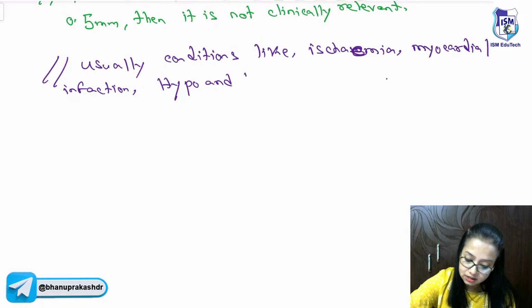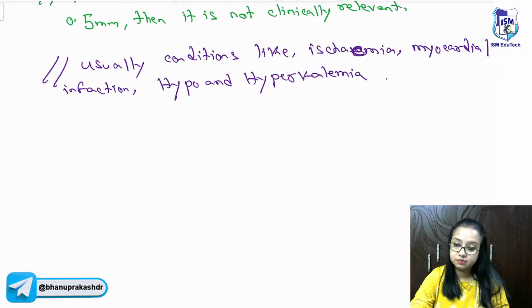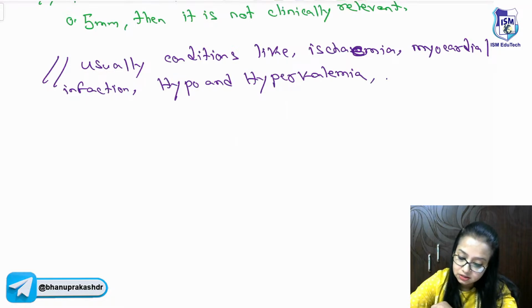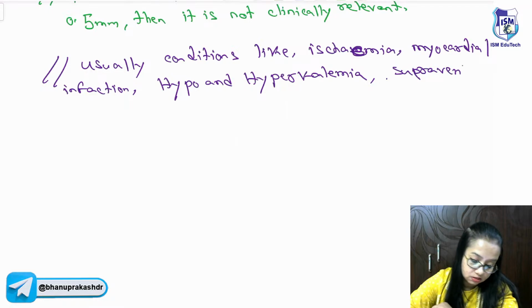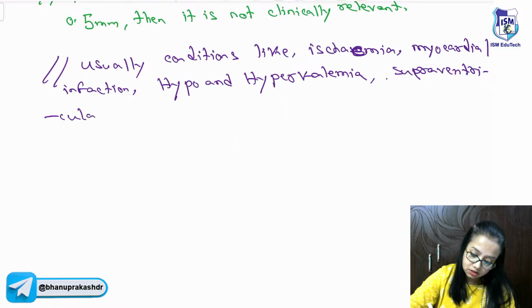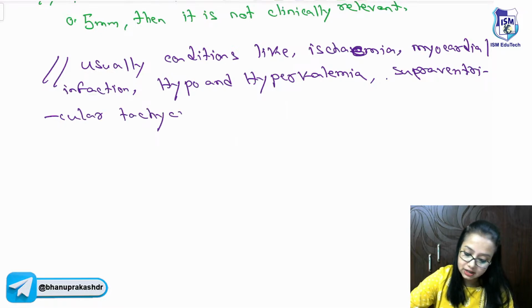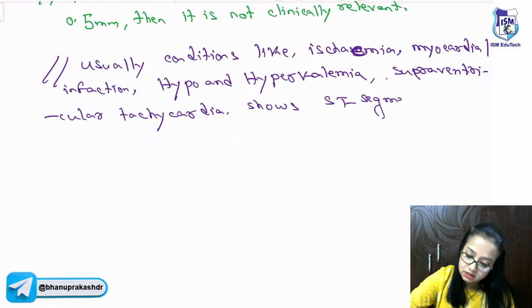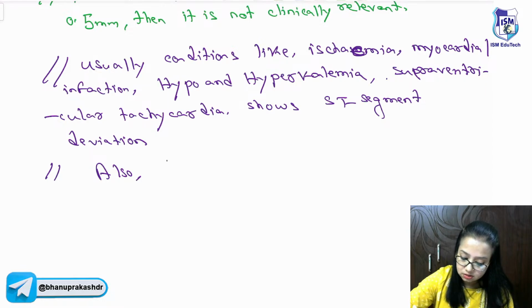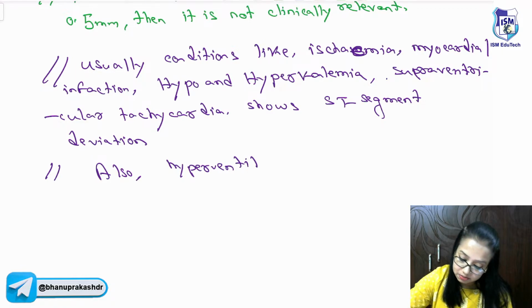Hypo and hypertrophy, hypo and hyperkalemia, supraventricular tachycardia show ST segment deviation. These are the conditions before we go and study the ECG patterns.